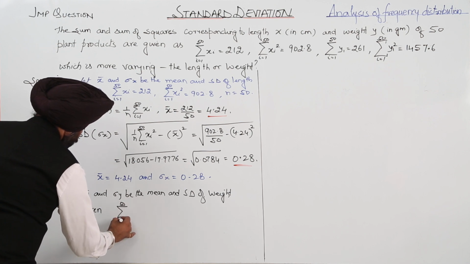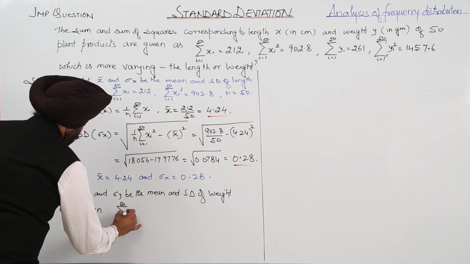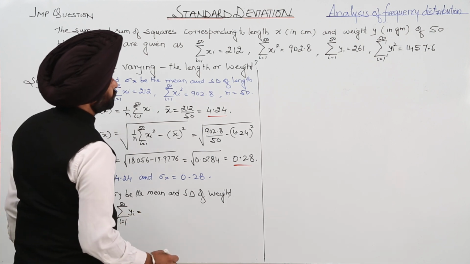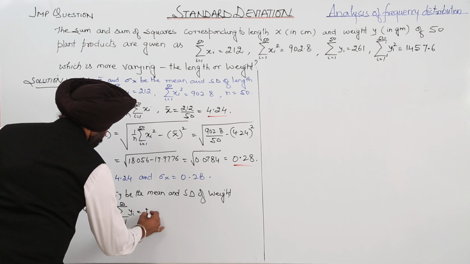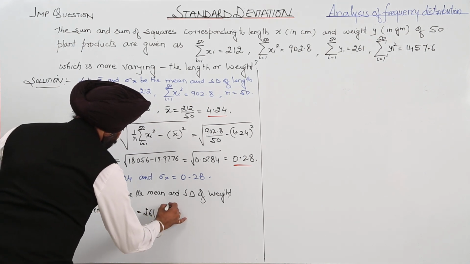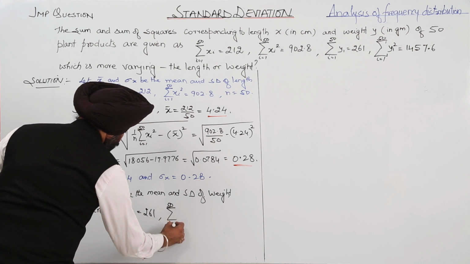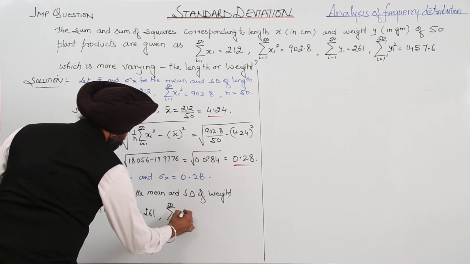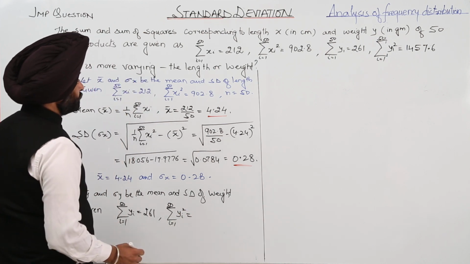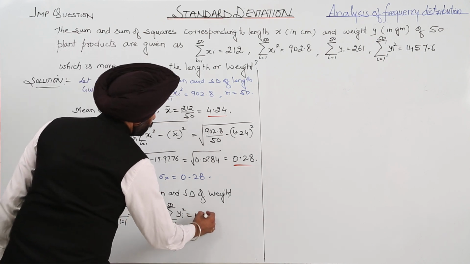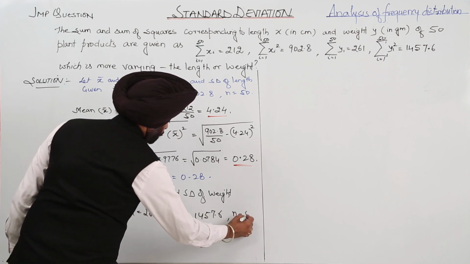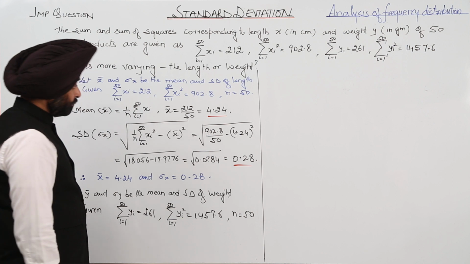The sum of the observations, that is 261, and the sum of the squares of the observations is given as 1457.6, and n is 50.